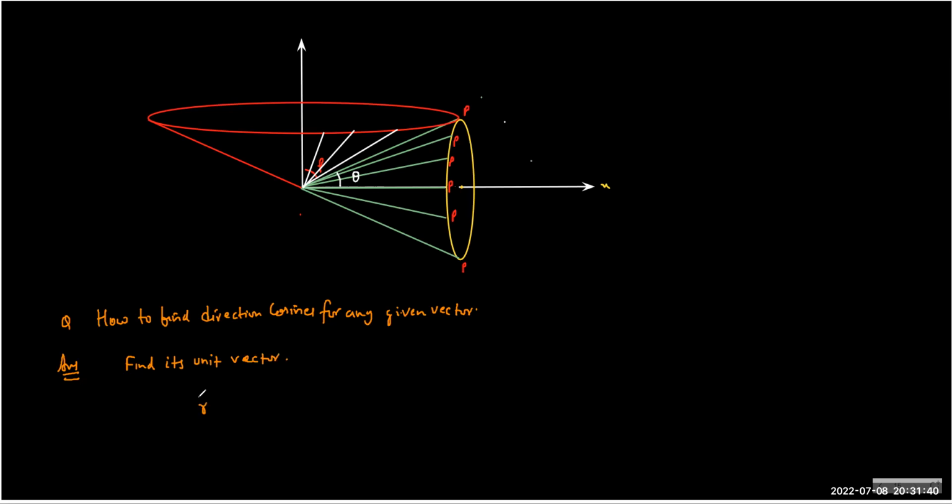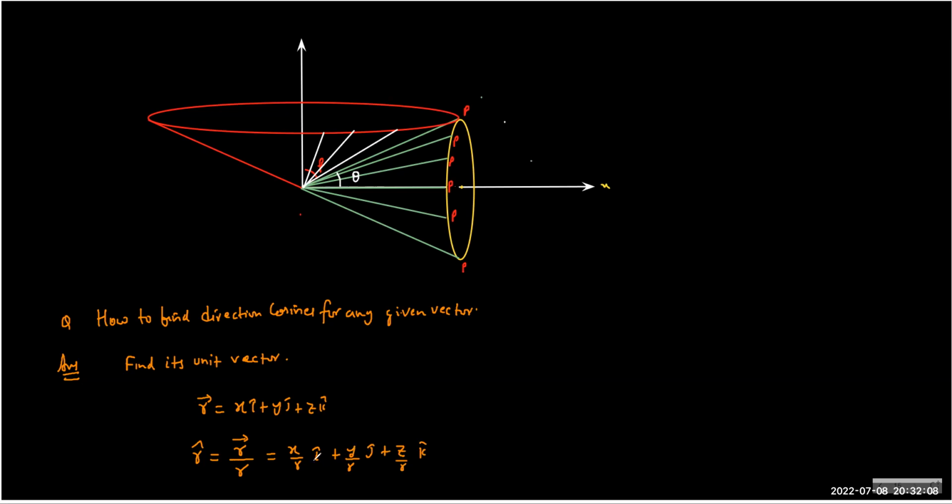So what is the R vector? x i plus y j plus z k. What is R cap? The definition says divide the vector by its magnitude. So once you do so, what do you get? x by R i cap, y by R j cap, and z by R k cap.